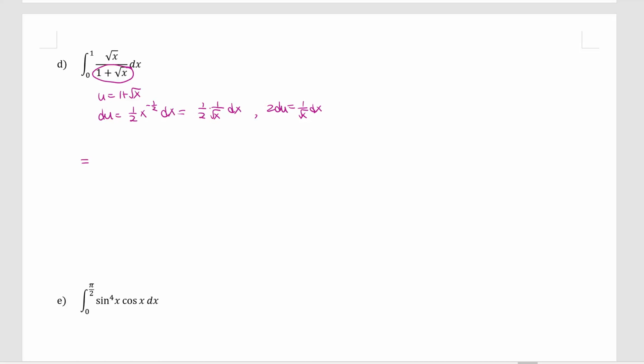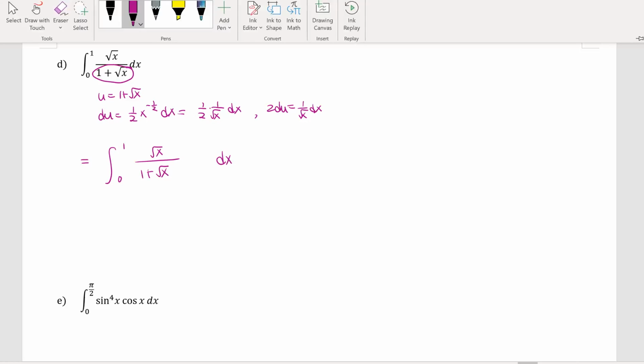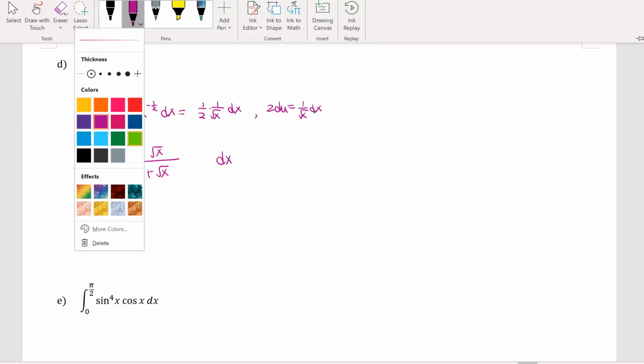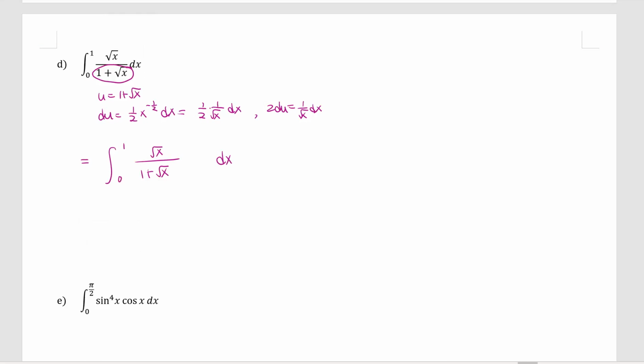You want to have 1 over square root of x in the problem. Okay. First of all, let's copy it. This is what we have, right? But I want to have square root of x at the bottom. What do we do? Well, we don't have it, but then just create it. But you cannot just divide it by square root of x. You also need to multiply by square root of x.